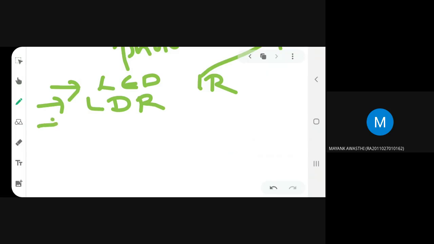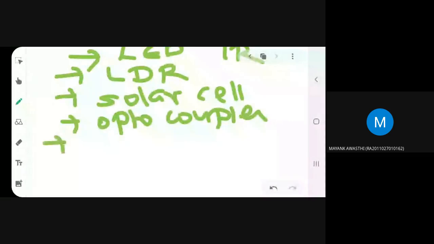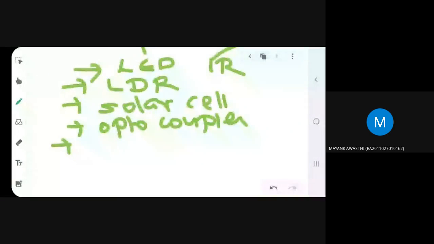Some names can be LED, IR LED, LDR, solar cell or photoconductive cell. Then what else? Optocoupler. So many we have discussed now.